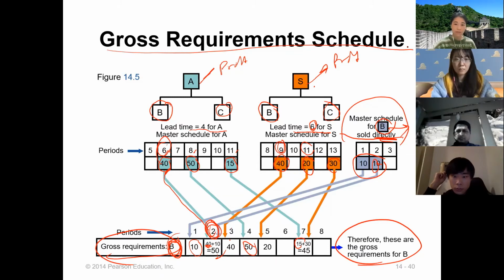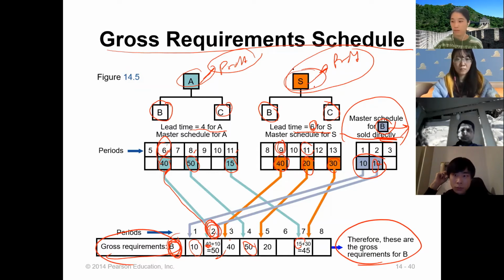Gross requirement schedule. This is actually a combination. The key is this: if I have two products, so these are two different products. However, for example, in car manufacturing, we produce a sedan model. Sedan is 4-door. I also produce a 2-door model.